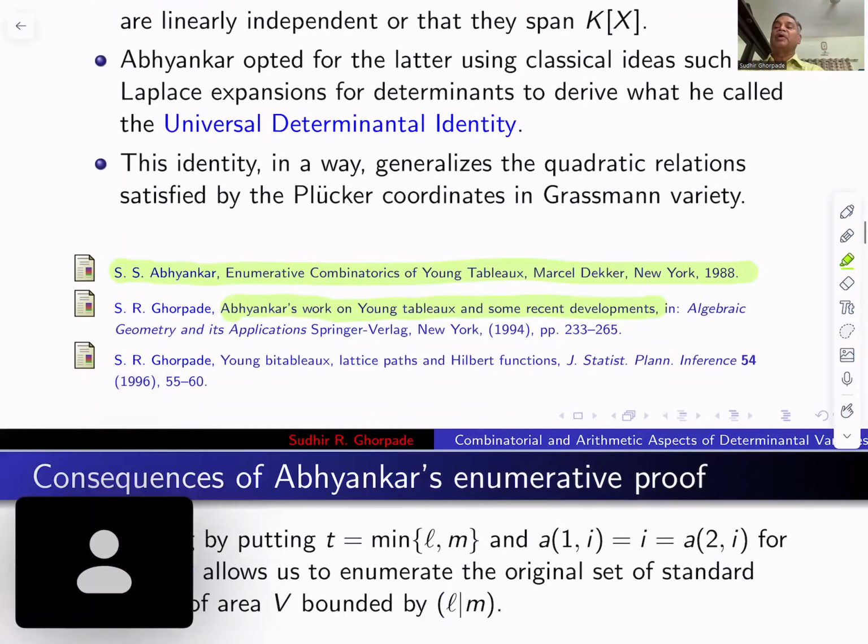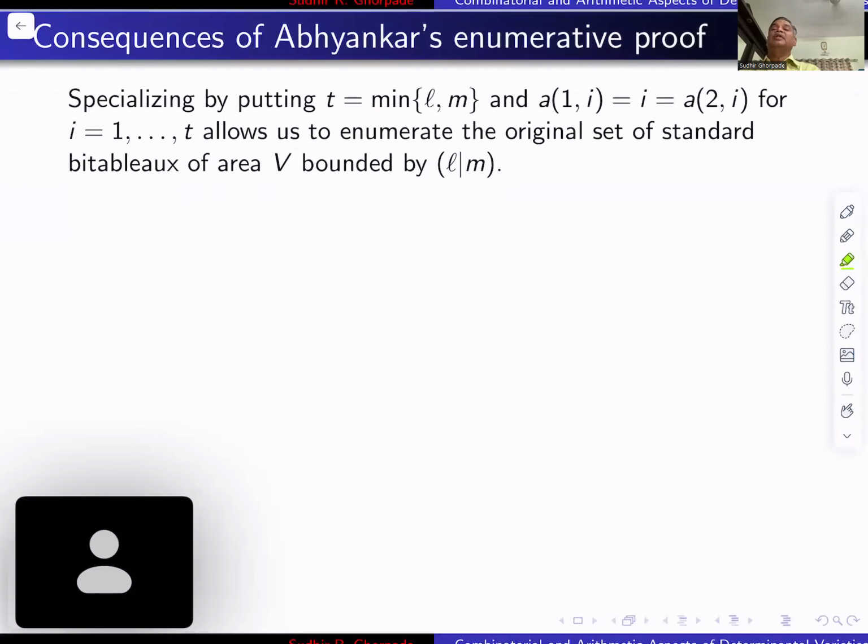But what I want to explain is how this is relevant for determinantal varieties. If you specialize, if you put T equal to the minimum of L comma M, which is the maximum length that any bivector can have if you require it to be bounded by L and M on either side, and you put the bivector to be just 1, 2, 3 up to T and 1, 2, 3 up to T on either side, then obviously it will be less than or equal to any other bivector because of the strict increase.